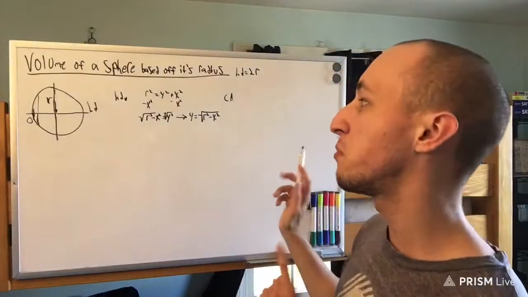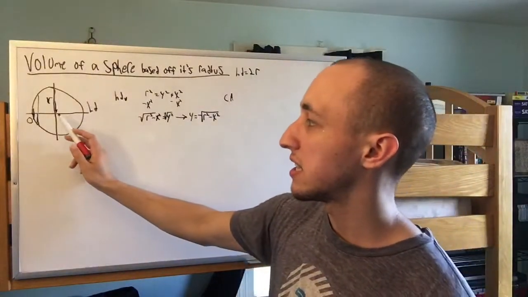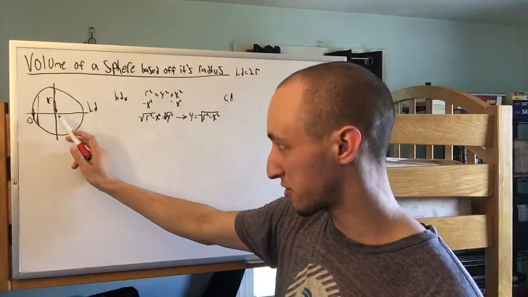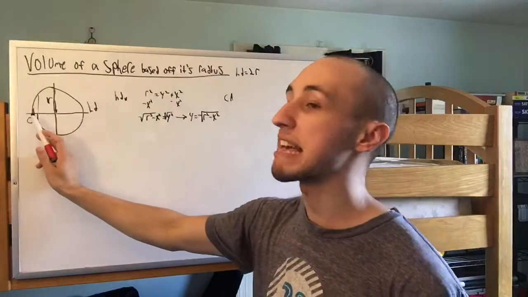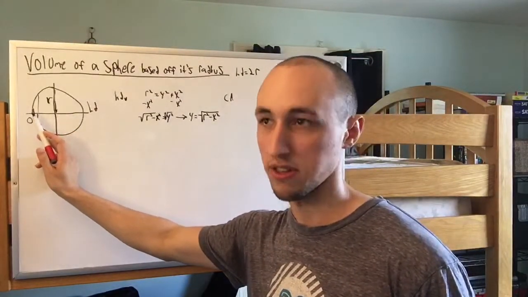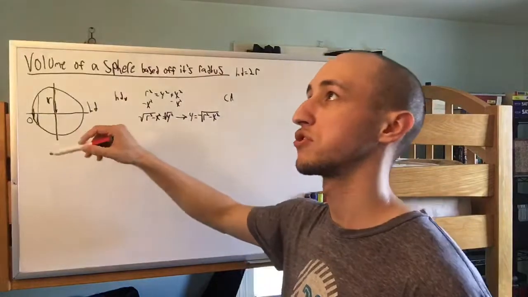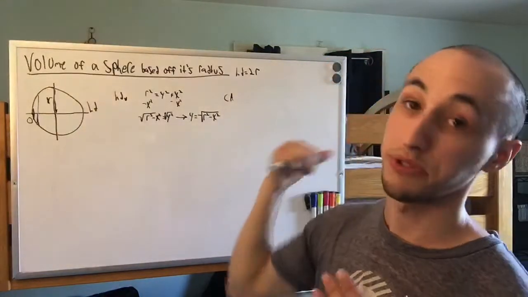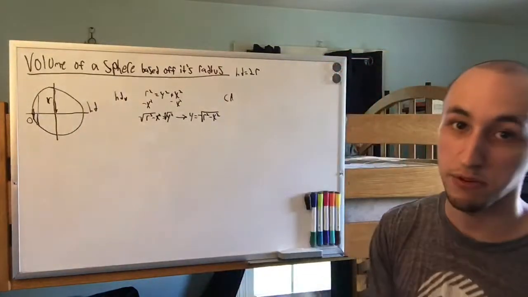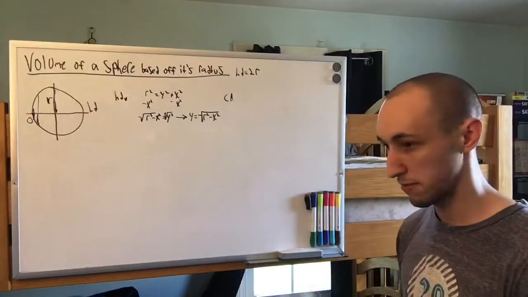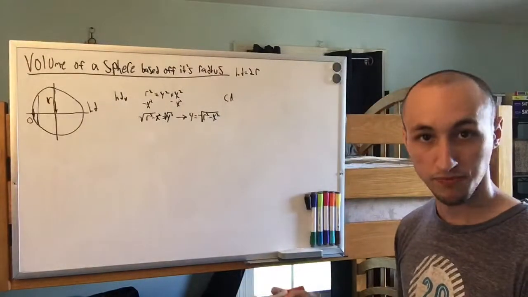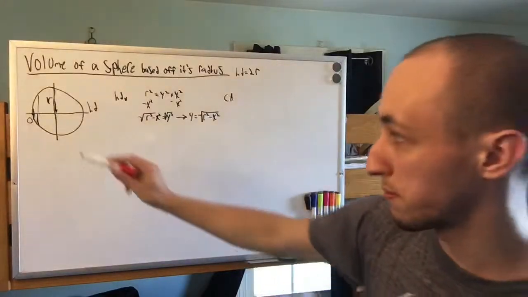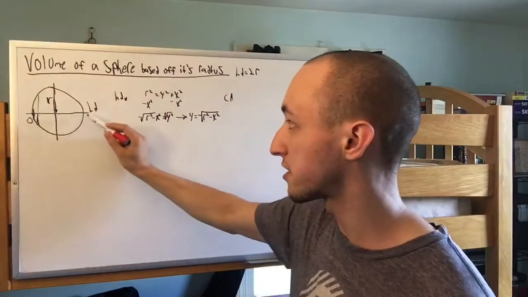We actually don't want the center to be x equals 0. We want the left side of the circle here to equal 0. So we actually have to move everything right by 1. So this will be 0, this point will be 1, and this point will be 2.